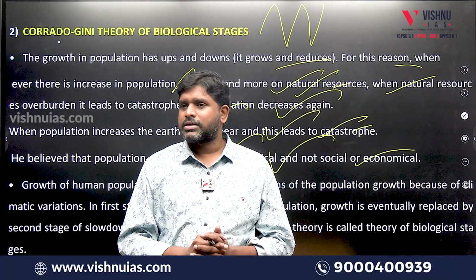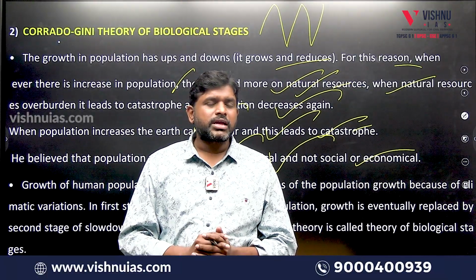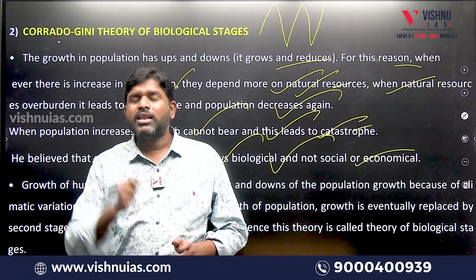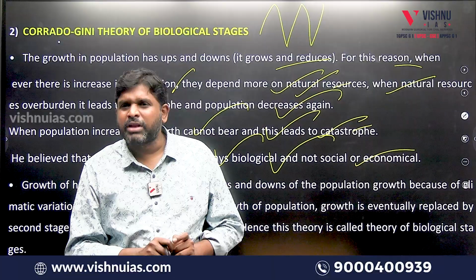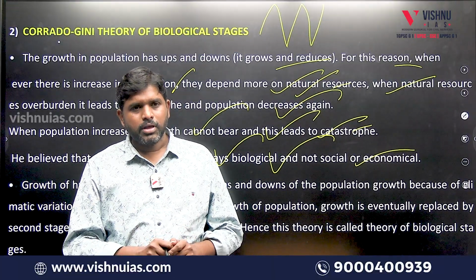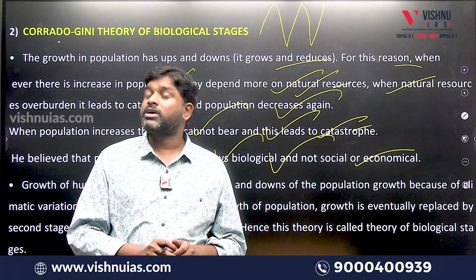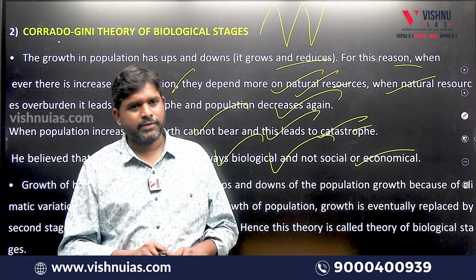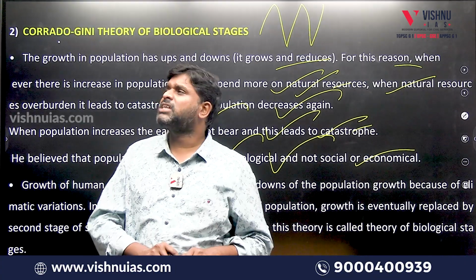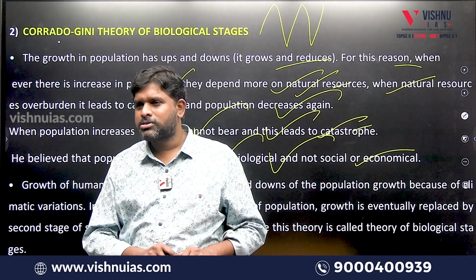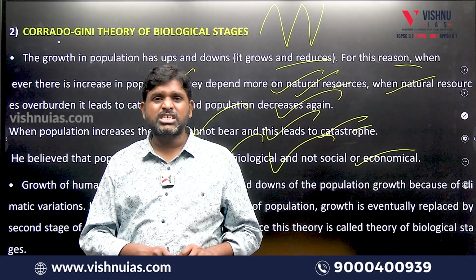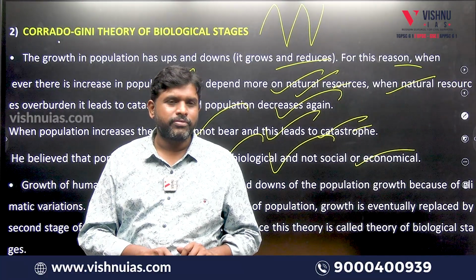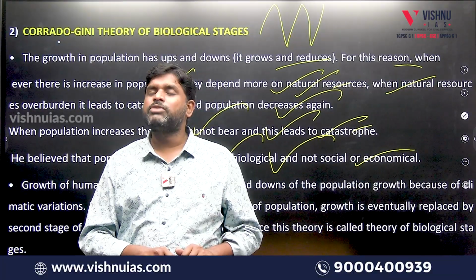Nature will react in the form of catastrophe, and that catastrophe will kill a significant proportion of the population. Only the residual population is left. Again, the residual population will try to increase the population, and again the increased population depends upon natural resources. Again, nature cannot sustain, again there will be a catastrophe, and again the population will come down.